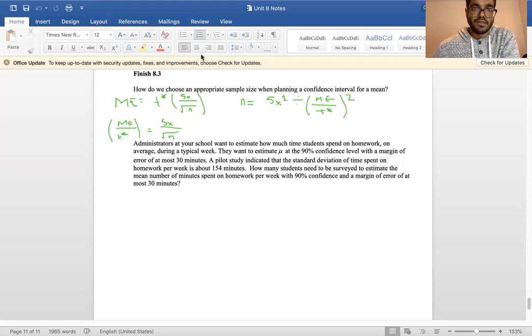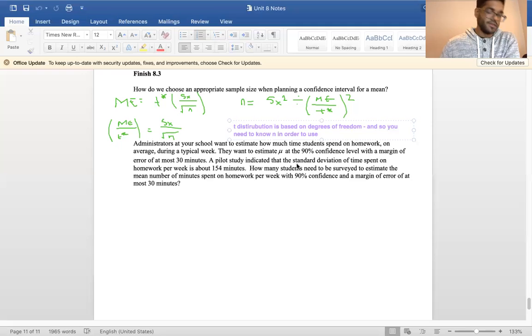Now the issue is that when you look at the t distribution, it's based on degrees of freedom, which we'll talk about in class at this point. So you need to know n in order to use it. Because of that, we can't really use the t distribution to approximate sample size.